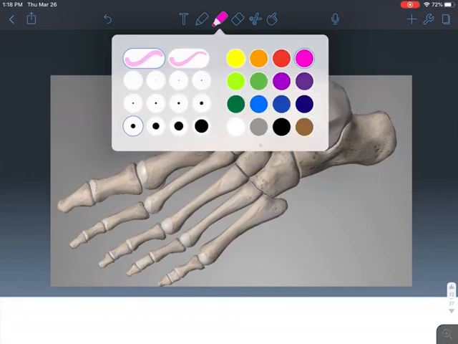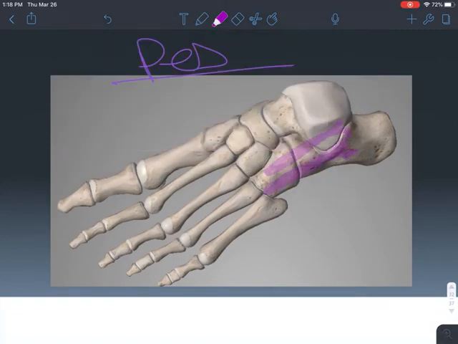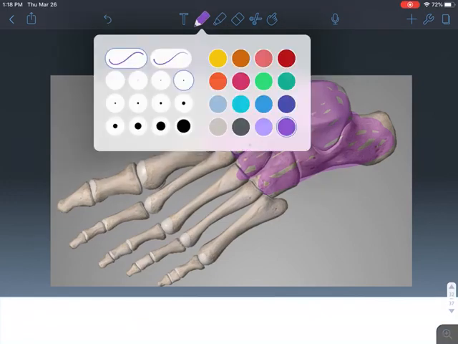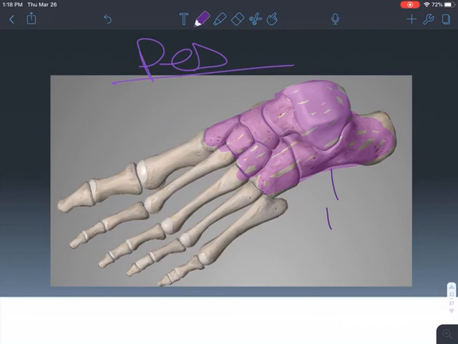So let's go through this here. Like I said, it's set up just the same as the hand. So this group of bones right here, these are your tarsals, and you have 7.